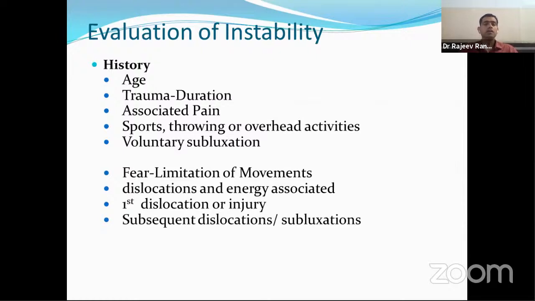Another is the trauma duration, the trauma-associated pain, in what type of sport that person is involved, whether voluntary subluxation is present or not, what the limitations of movements are, what was the energy associated with the dislocation, when the first dislocation occurred, and what were the number and conditions during the subsequent dislocations, or whether only subluxations were present in that case.